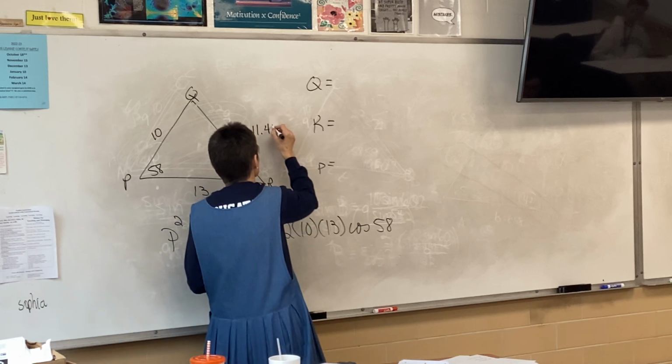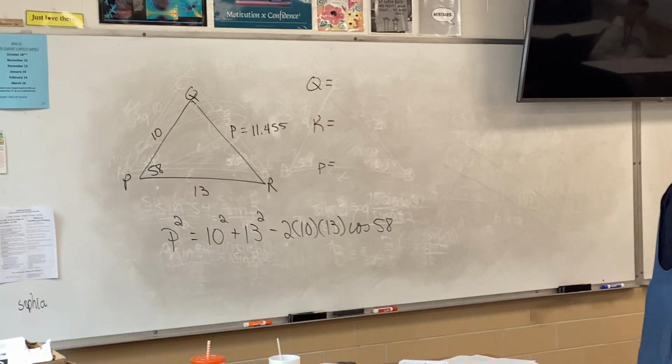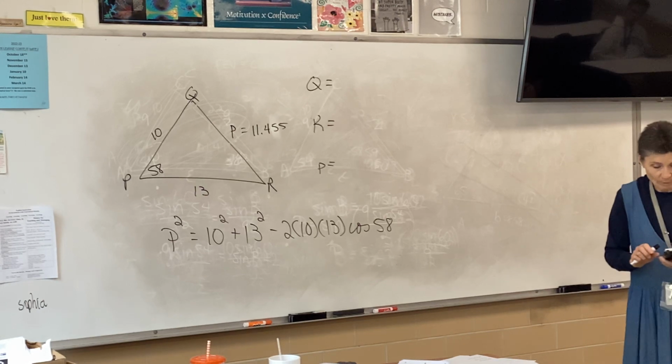Alright, give me a calculator. So 10 squared plus 13 squared minus 2 times 10 times 13 times cosine 58, square rooted, is 11.455.